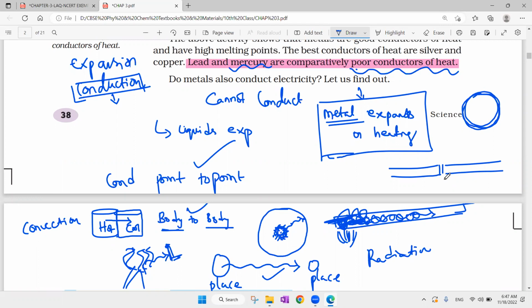So when there is a gap between railway tracks, what happens during sunlight? Automatically it expands. When there is expansion, the railway track will be straight. If there is no gap, do you know what happens? The railway tracks become like this. So there will be uneven expansion like this. When there is uneven expansion, that leads to an accident.